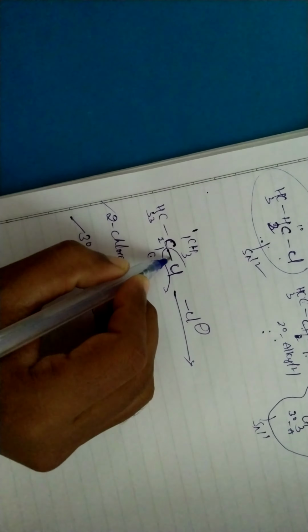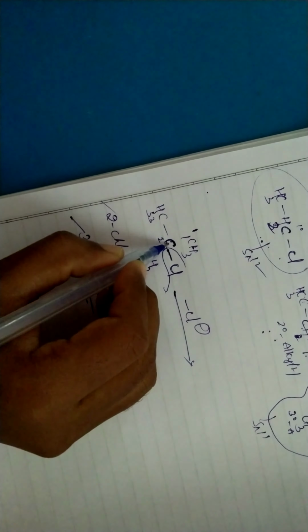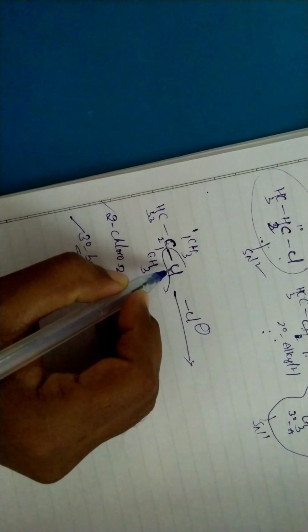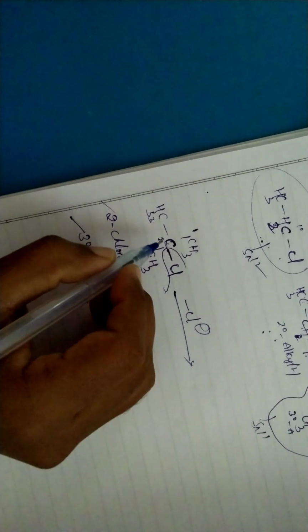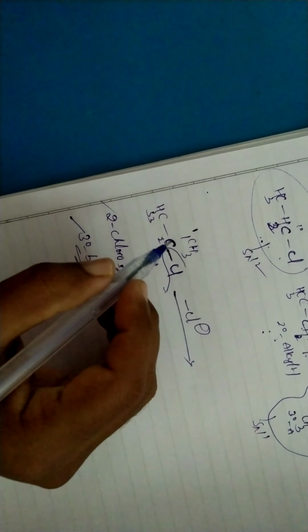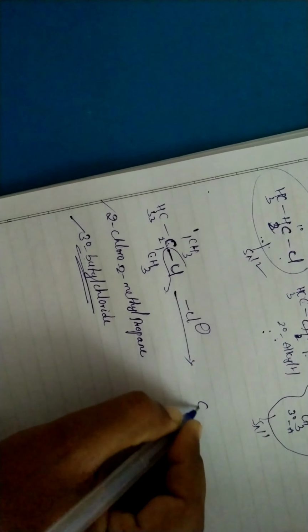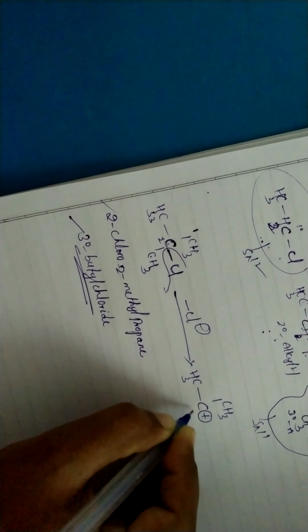That means carbon is donating its electron to chlorine. If any atom donates an electron, it gets a positive charge. That's why carbon is getting a positive charge.